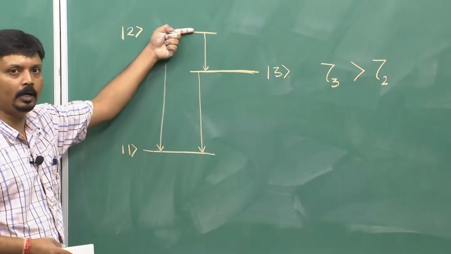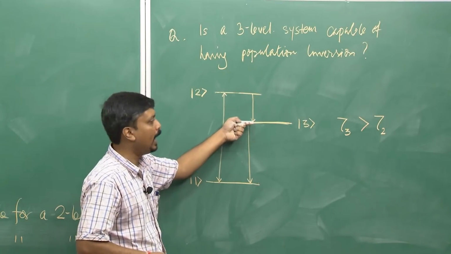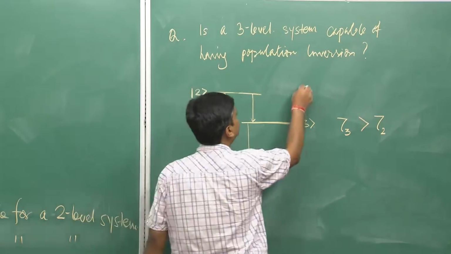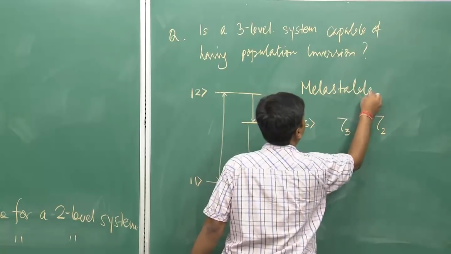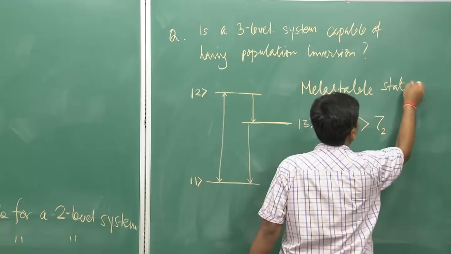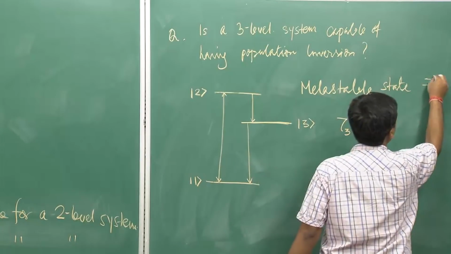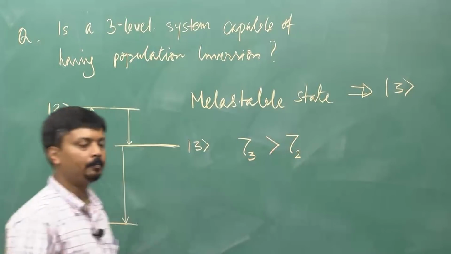So, it is a short lived state, whereas this is much long lived, and this kind of state is known as a metastable state. So, my state 3 is a metastable state.